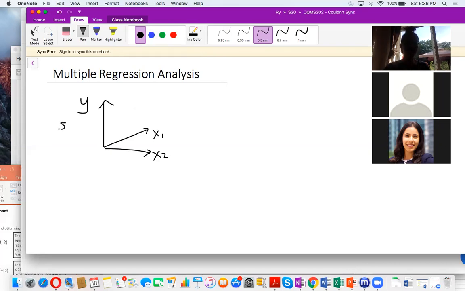Suppose y is the sales, x1 is the price, x2 is the advertising cost.